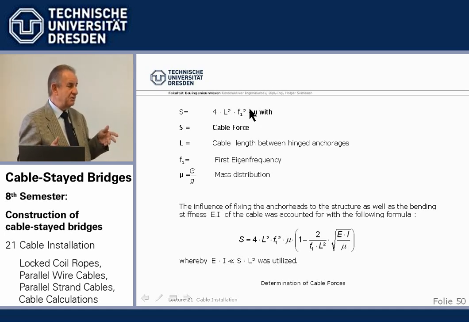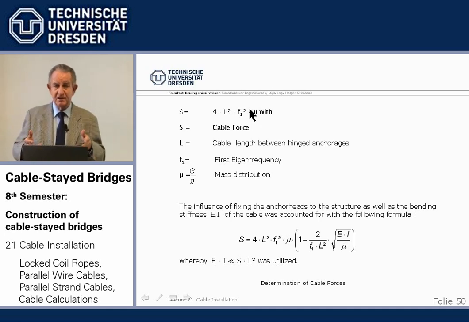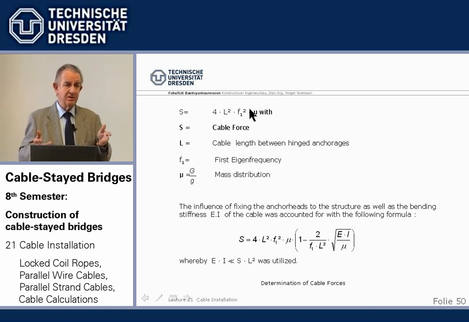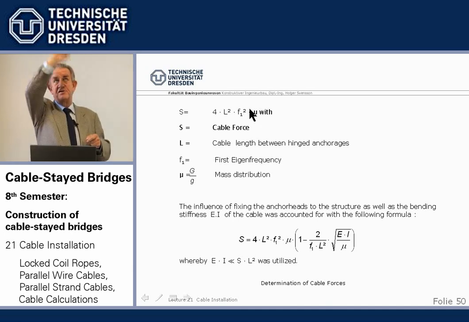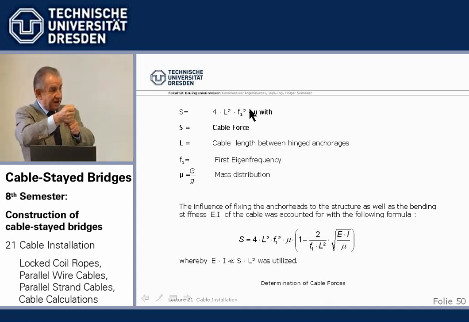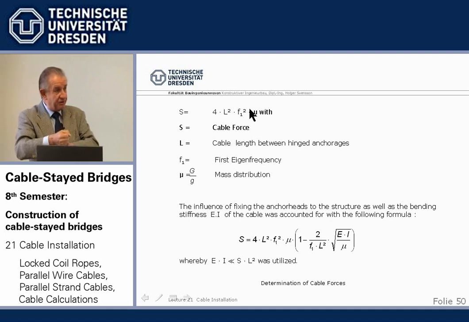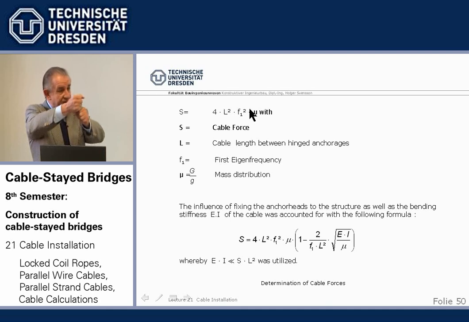All you do is you get a hemp rope, a washing line, just a little thing. Throw it over the cable 2-3 meters away, and then you start pulling at it. And you find very soon the right frequency of the cable. So you pull at it.